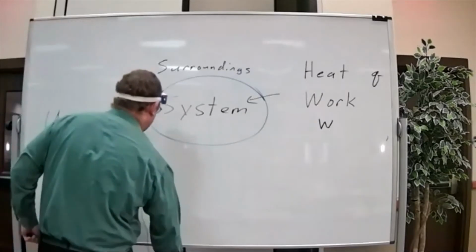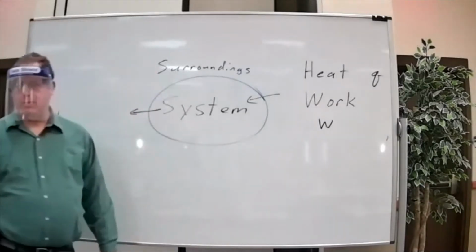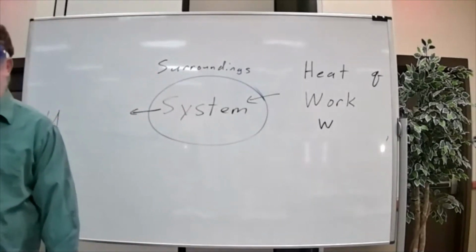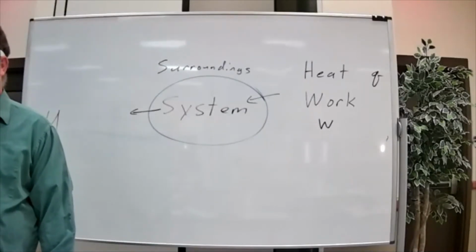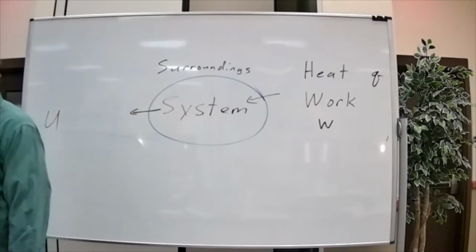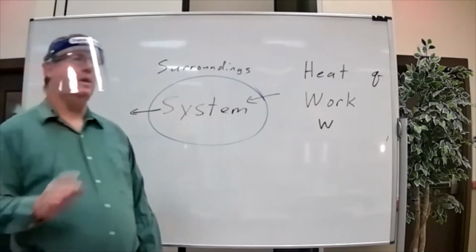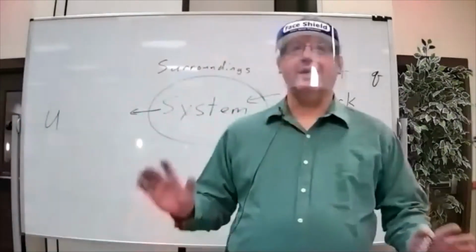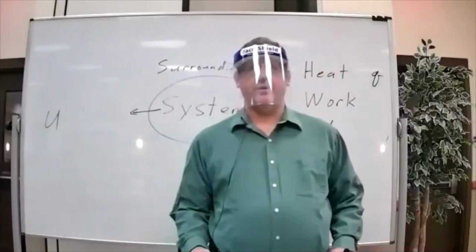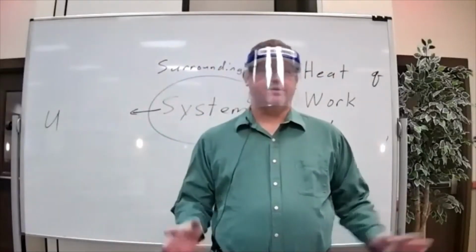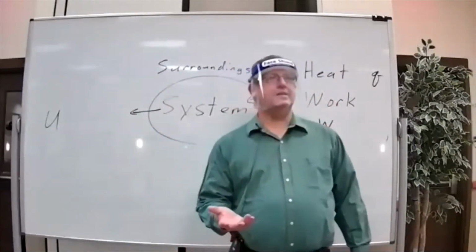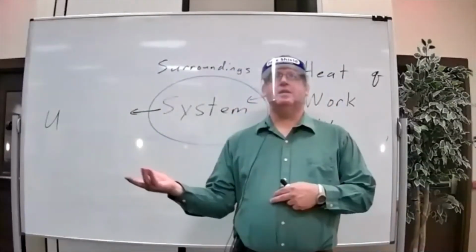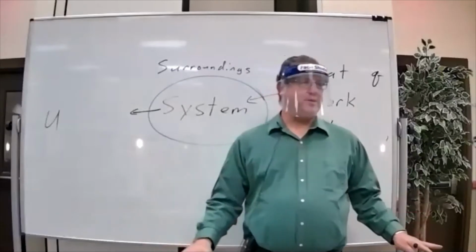Couple more things. While we have the system and surroundings here, now if I want to measure the work, I'm going to tell you this: work is not a state function. Now you're thinking state function, isn't that like levying taxes? That's not what I'm referring to.